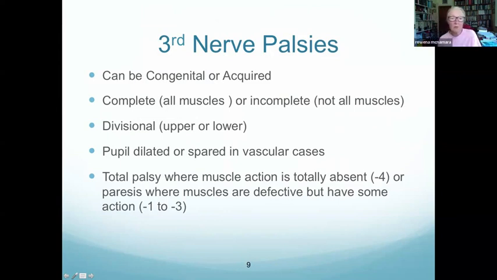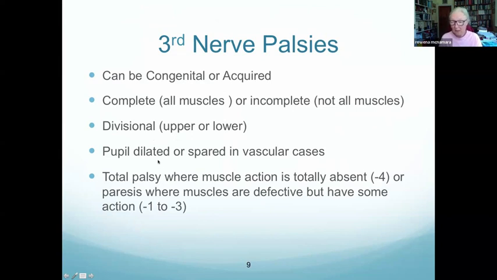You can have it as a child, or it can be acquired. It can be acquired in the very young if they have a very high temperature, or it can be acquired in any adolescent right the way through life. It can involve all of the muscles, or it can just involve some of them. As we said, it could be an upper division or lower division.